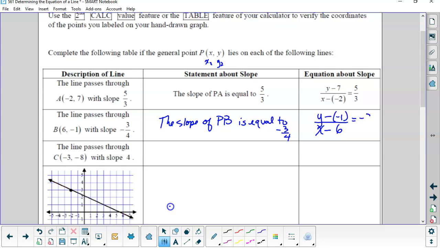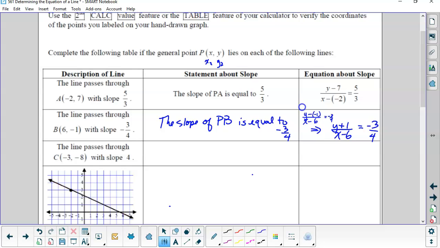That's equal to negative 3/4. You could simplify this a little bit. I'm just going to squish this up, move this over. If I simplify, it's going to be y plus 1 over x minus 6 equals negative 3/4. Most times we're going to multiply through to get it into slope-intercept form, but for right now, we're just leaving it like that.